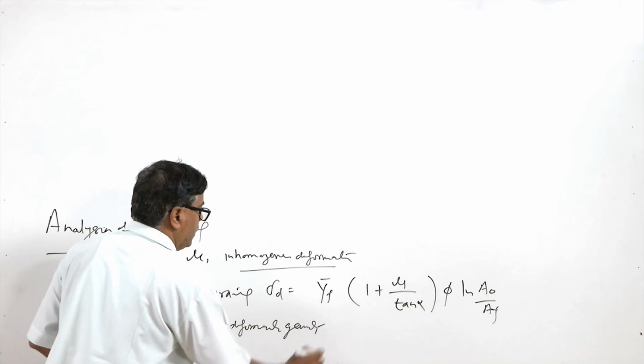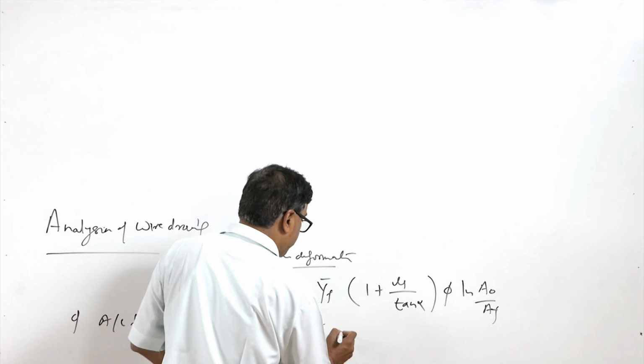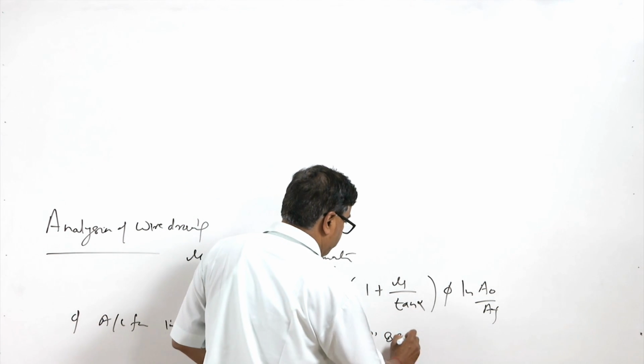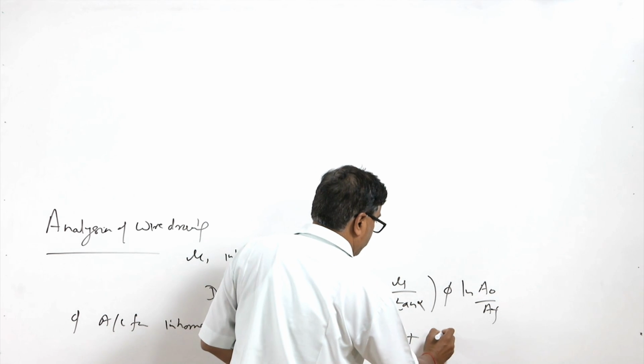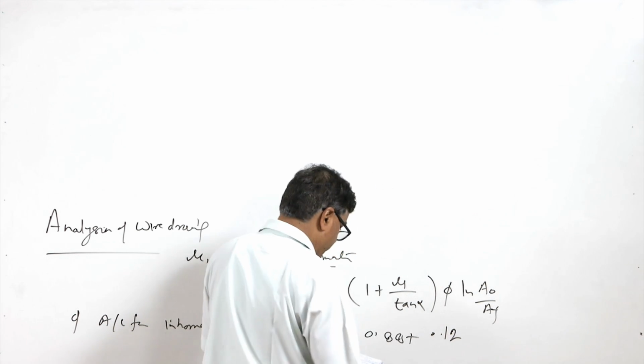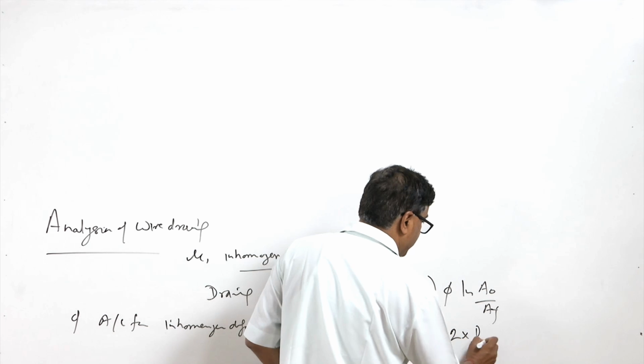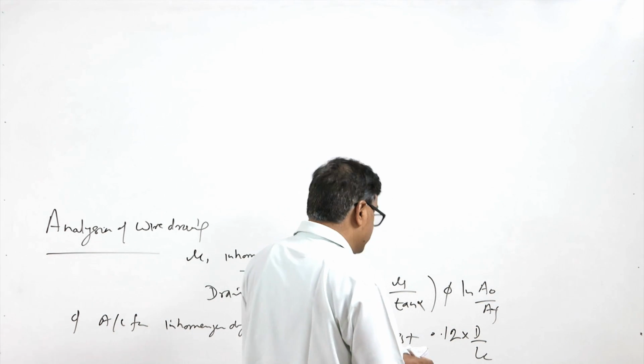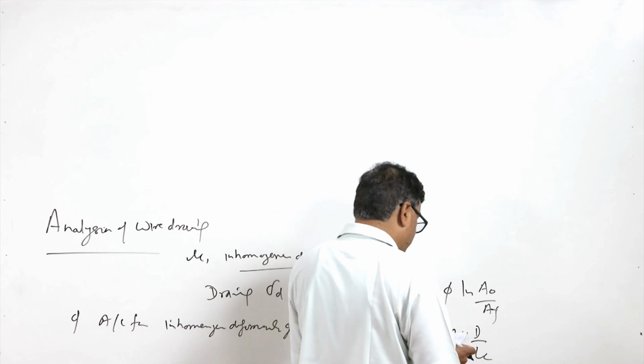which is given with the help of phi equal to 0.88 plus 0.12 into d by Lc. Lc is the length of the contact and d is the average diameter.